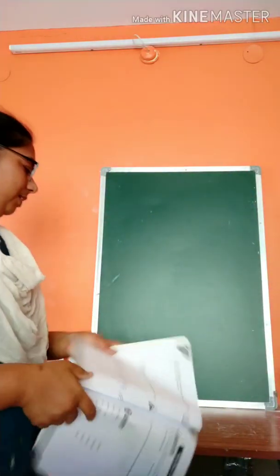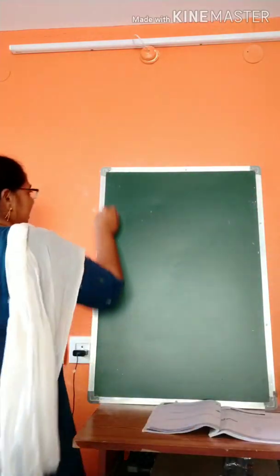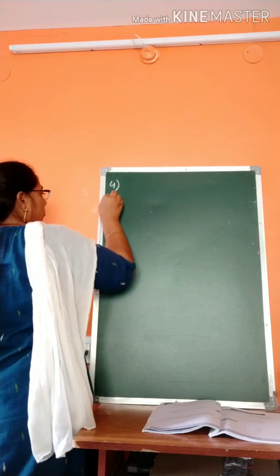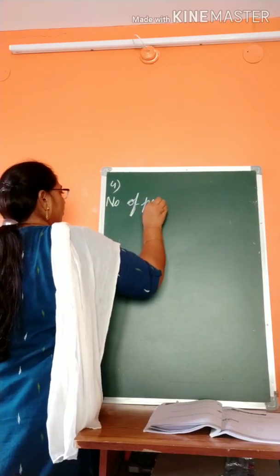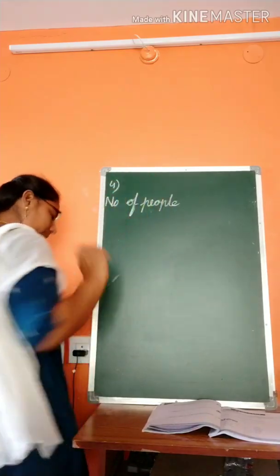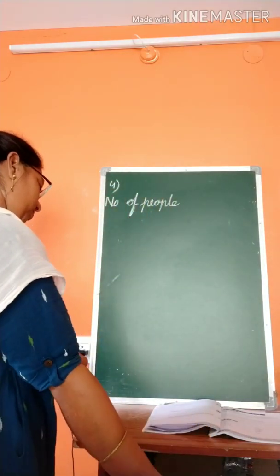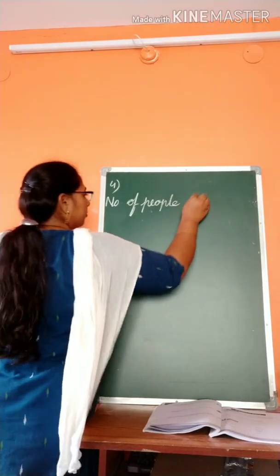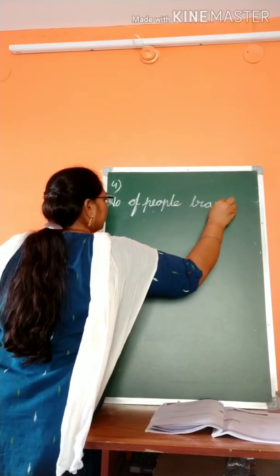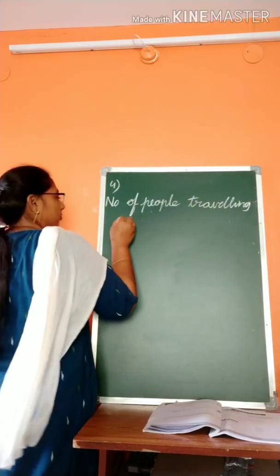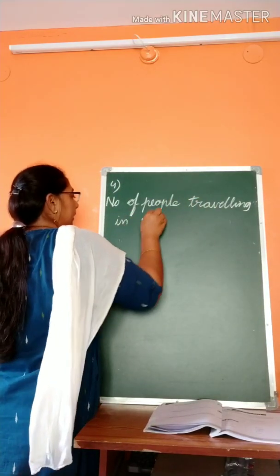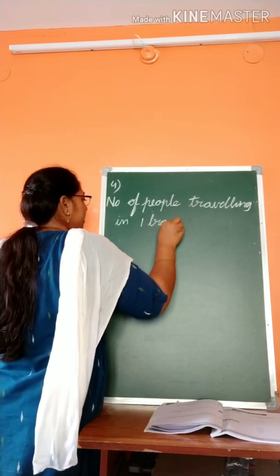Now, as it is the number of people, we can start the statement as number of people traveling in one train. How many people are traveling in one train, children?